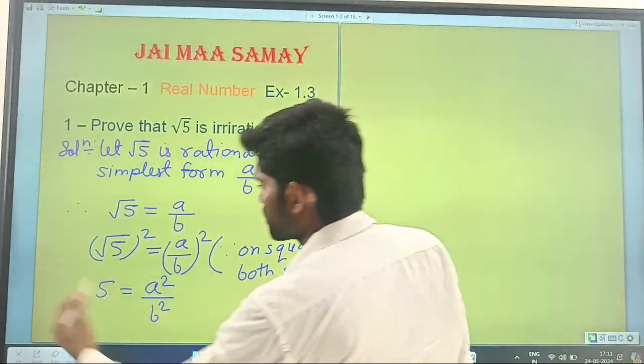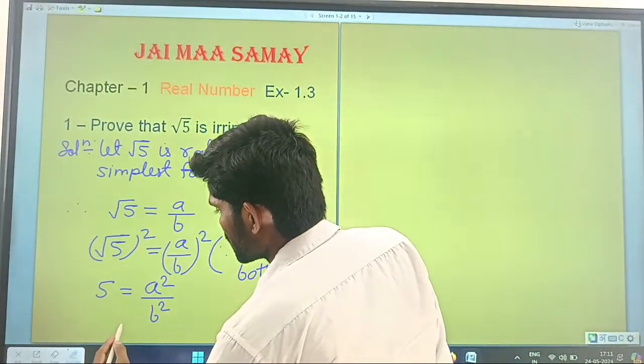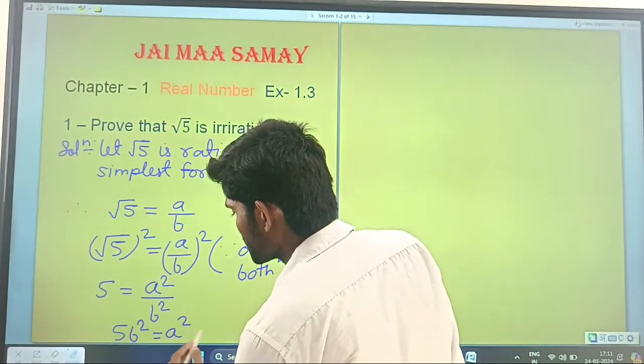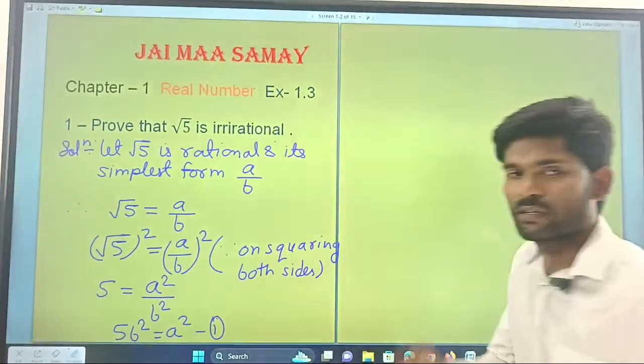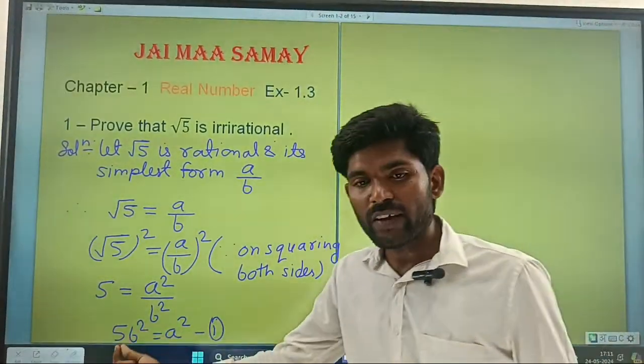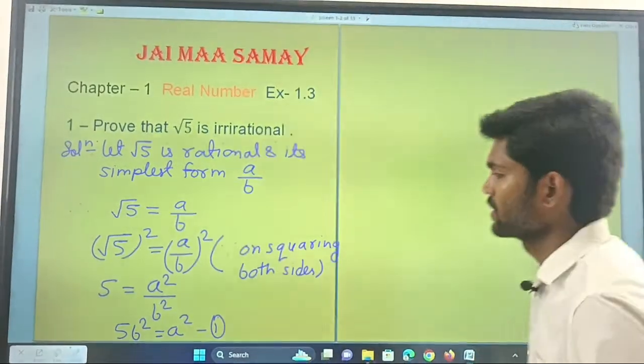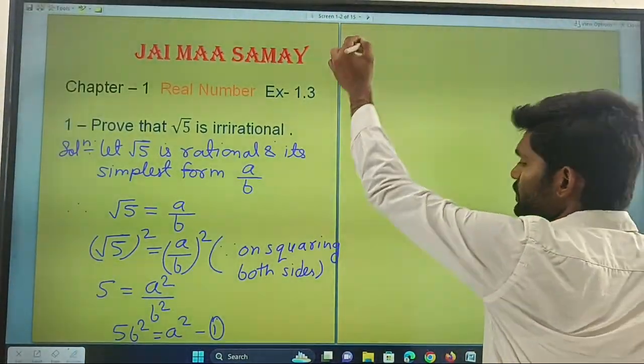Then after multiplying, 5B square equals A square. This is your equation. First, the coefficient of 5 is B square; I leave that, and only take 5 and A square. So what do we write?